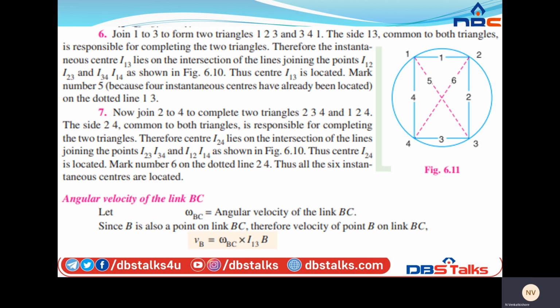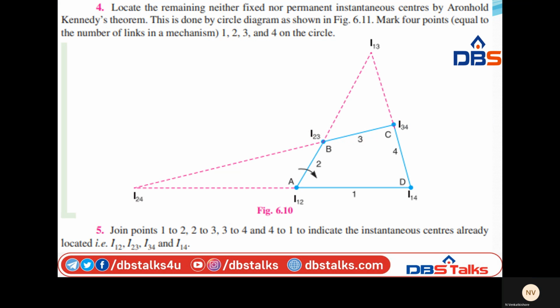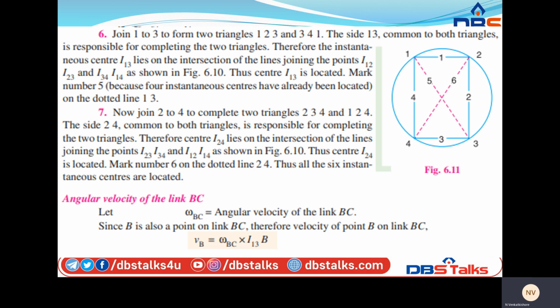Previously we located the instantaneous centers I12, I23, I34 and I41. These are the 4 fixed, that is the primary instantaneous centers. After that, the remaining 2 are to be found.